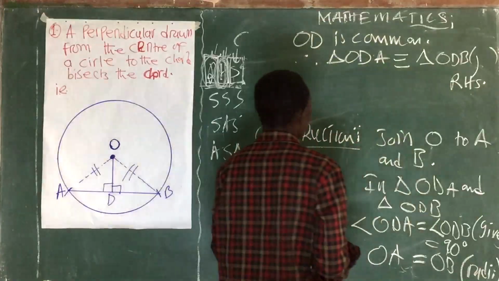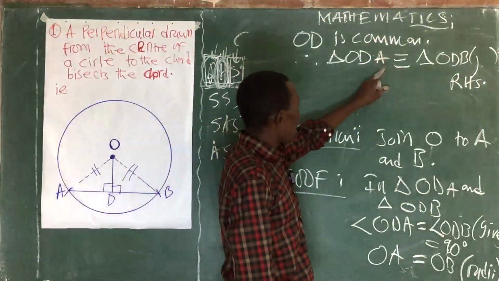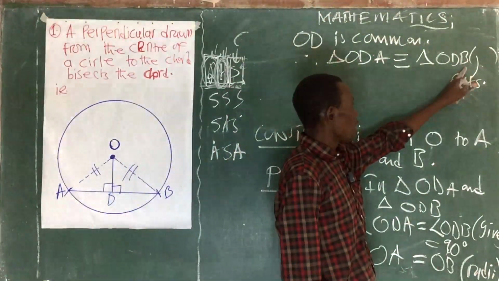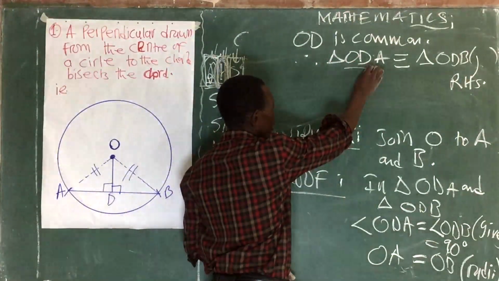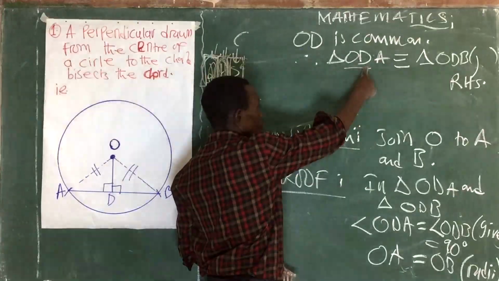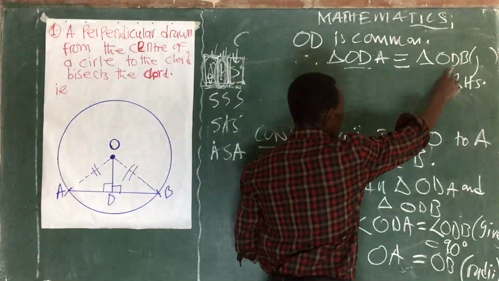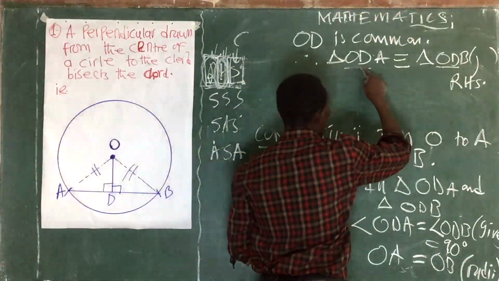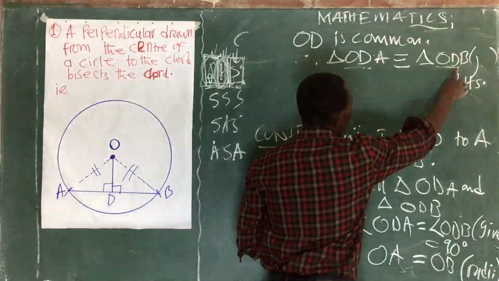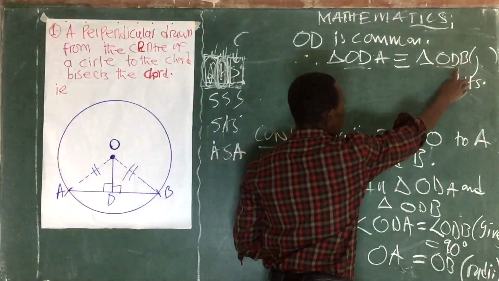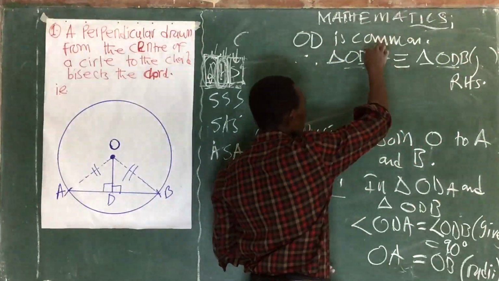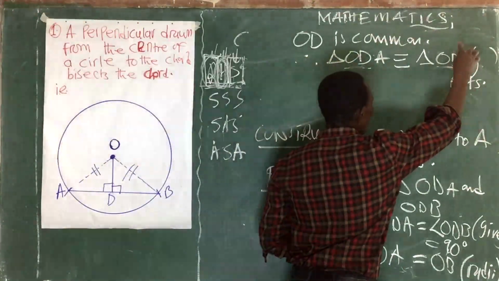So the moment here you say triangle ODA is congruent to triangle ODB, what does it mean there? It means if you consider first letter and second letter, you have a side defined as OD. That should also be the same here, first letter and second. It means this side OD is what? Corresponding to side OD. And side DA is also corresponding to side what? DB. By that, second letter, last letter, second letter, last letter.